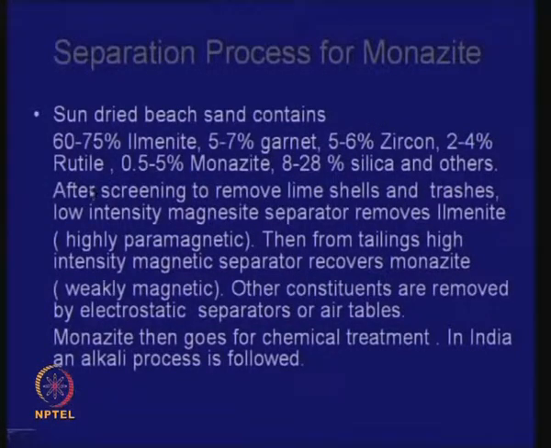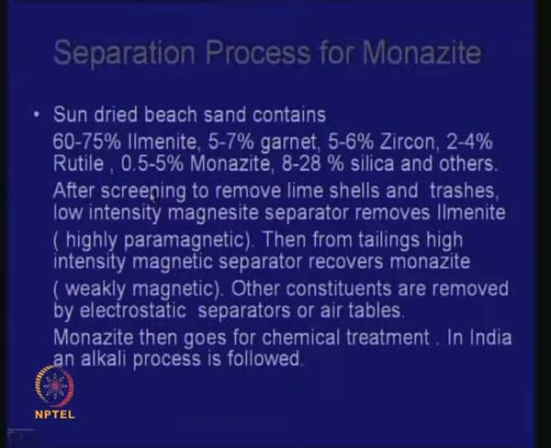Rutile is only TiO2, no FeO in it. 0.5 to 5% monazite, it varies from place to place. 8 to 28% silica and others. It is this monazite that we are talking about now. About this ilmenite fraction, I will talk later when I talk about titanium, and we have discussed it once.